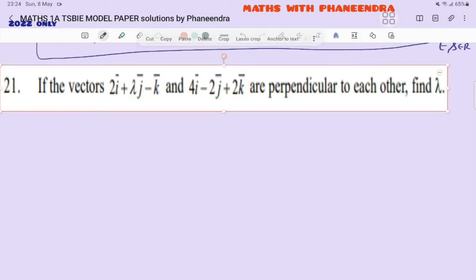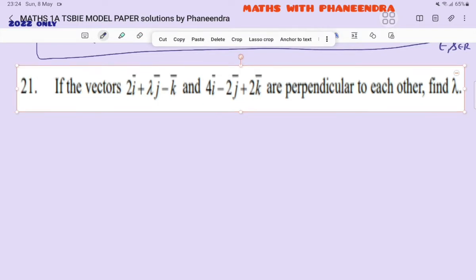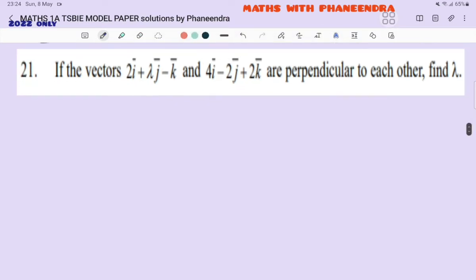In this question number 21, if the vectors are perpendicular to each other, find lambda. Two vectors are perpendicular, their dot product is equal to 0. So that concept only we are applying. Given vectors a bar equal to 2i plus lambda j minus k.